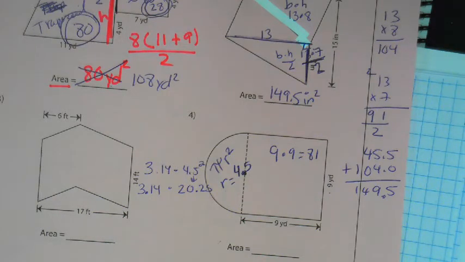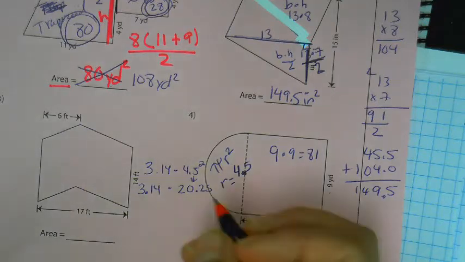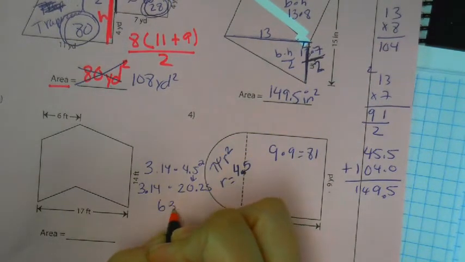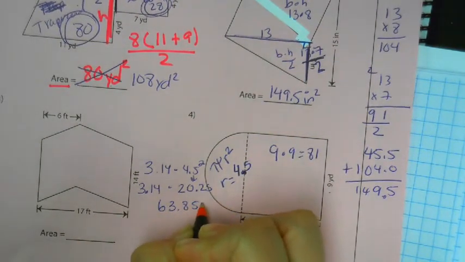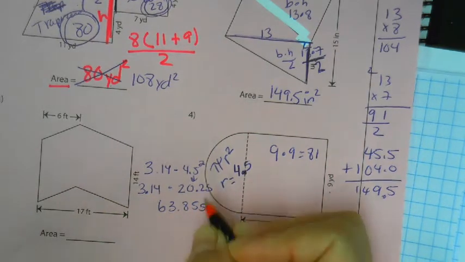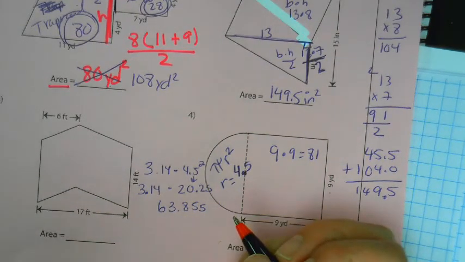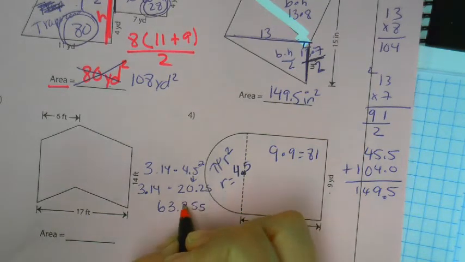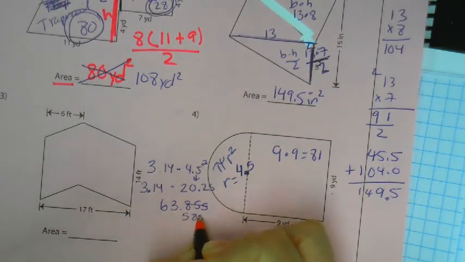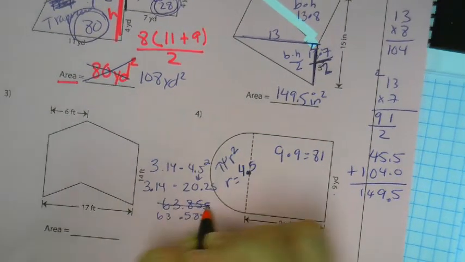Where's your iPad? 63.852? No, wait, no. 63.585. Yeah. Wow. That took a lot of kids to tell me.